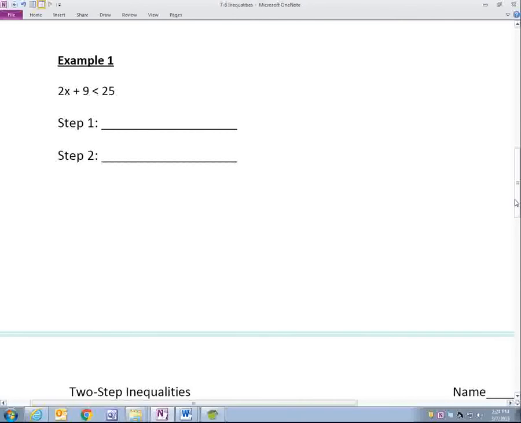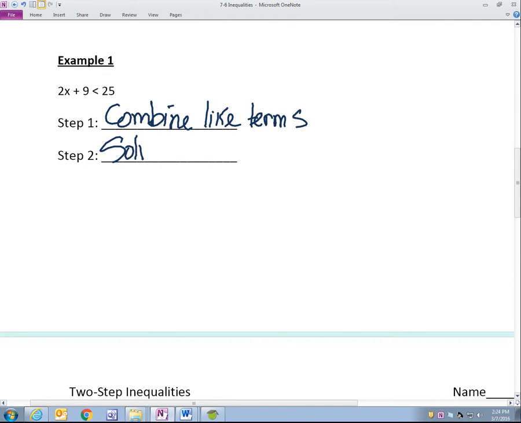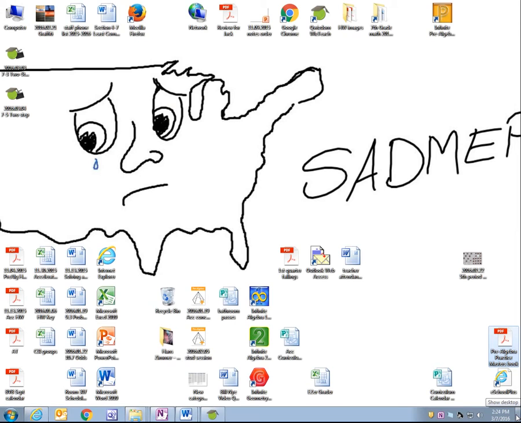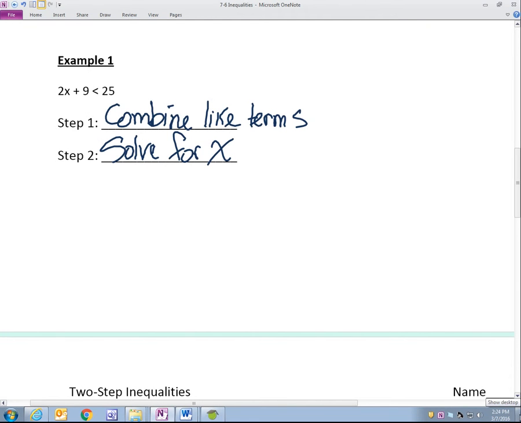So, for example, the first step that we have to do is try to get the variable by itself, and by doing that, we're going to combine like terms and solve for x. So this is, once again, SADMEP.